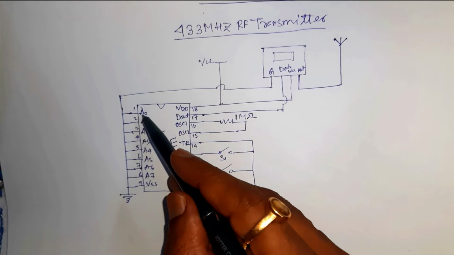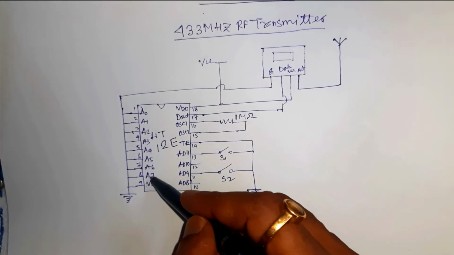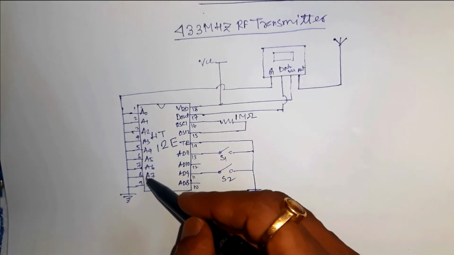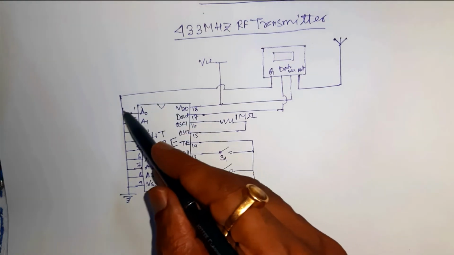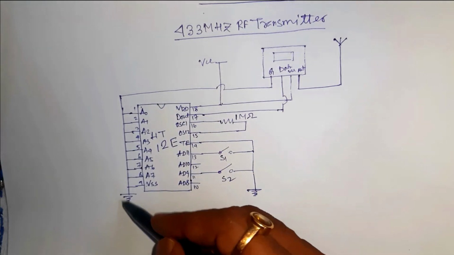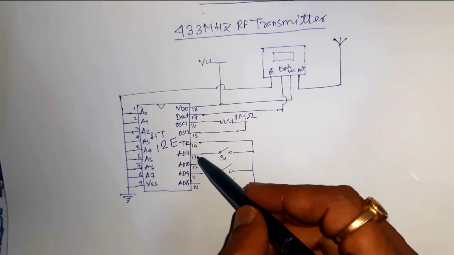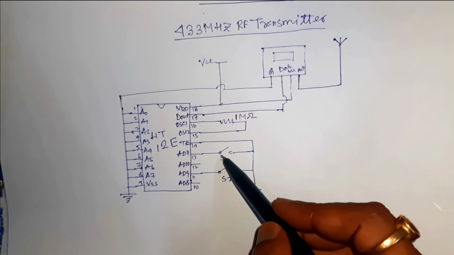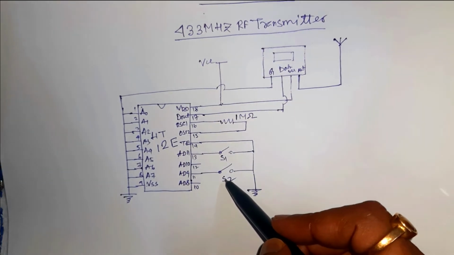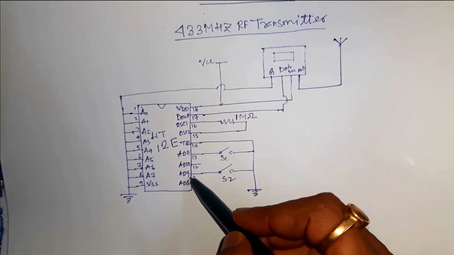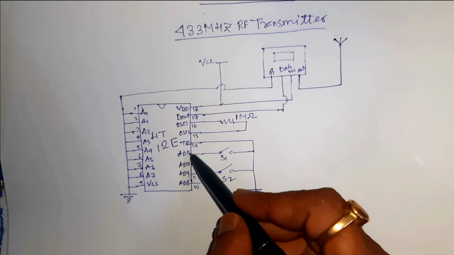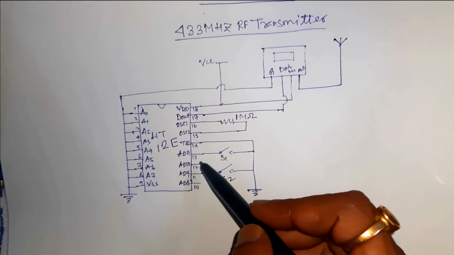In this IC, A0 to A7, that is pin number 1 to 8, are connected to the ground terminal. Here we have used two switches, S1 and S2, and these switches are connected to AD11 and AD9 respectively.